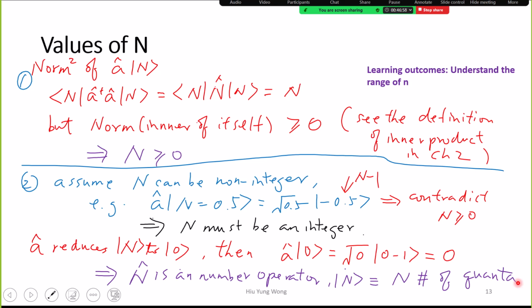It needs to be either 0, 1, 2, 3, a natural number. So capital N is the number of quanta of energy in the SHO. I apply the annihilation operator, it reduces it by 1. I apply the creation operator, it increases it by 1. I apply the number operator, it tells me how many quanta it has, the capital N. I apply the Hamiltonian, it tells me the total energy, which is ħω(n plus half). So everything makes sense, right? Although the proof looks a little bit cyclic, but that's okay. Any questions?